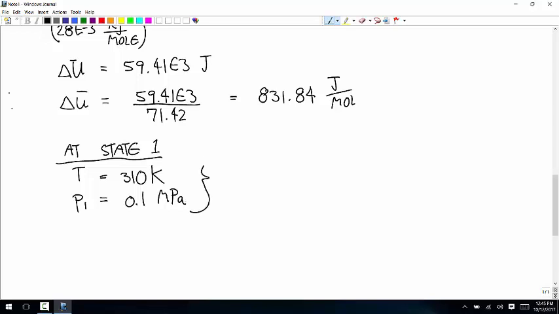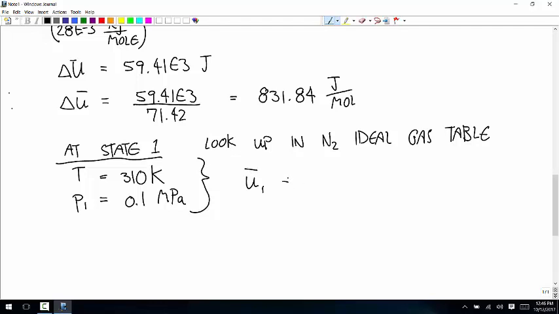And so we're going to look this up in the N2 ideal gas table. And we see that at state 1, the molar internal energy is 6437 joules per mole.